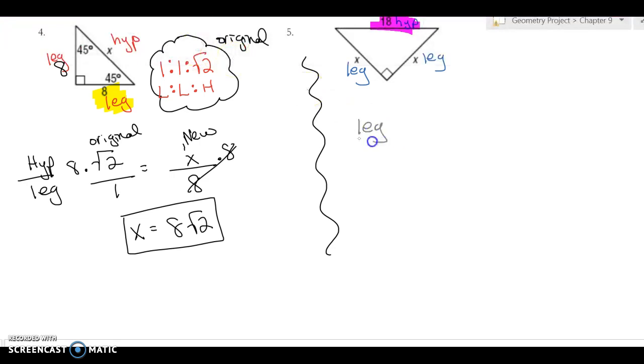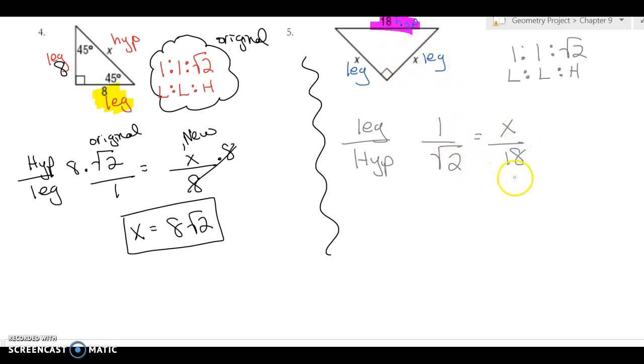So I'm going to do leg over my height. And so, again, original, I'm writing them down each time, so I got them memorized. So leg, height. So my original leg is 1, and my original hypotenuse is square root of 2. And so now my new leg is X, and my new hypotenuse is 18.